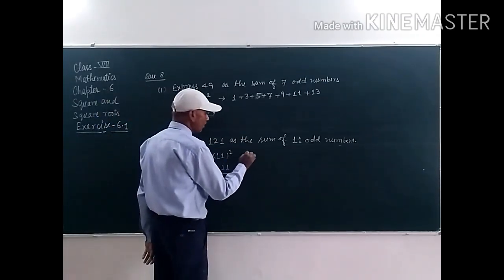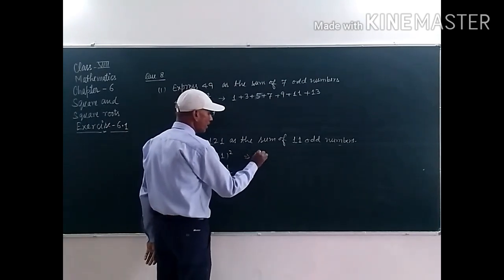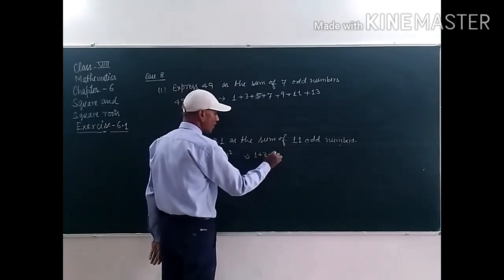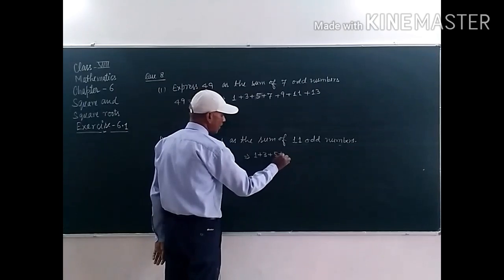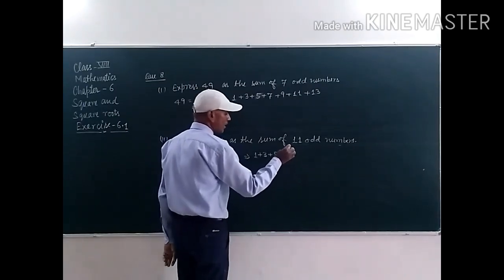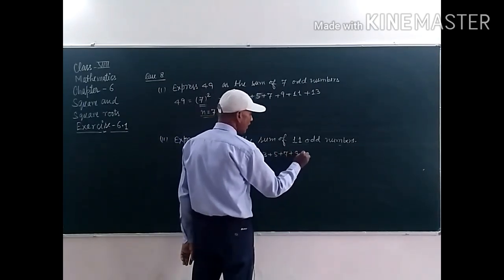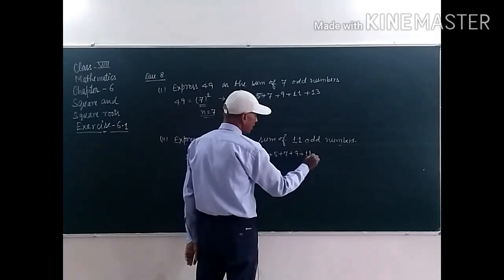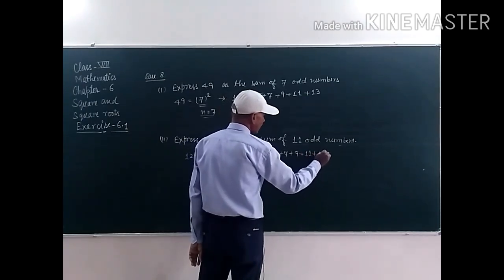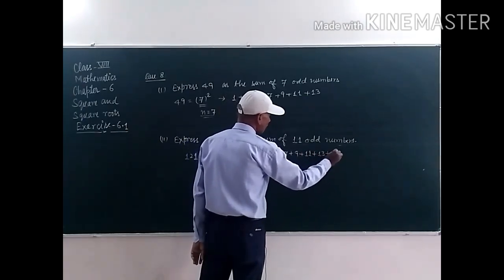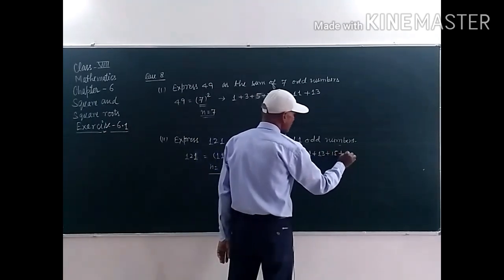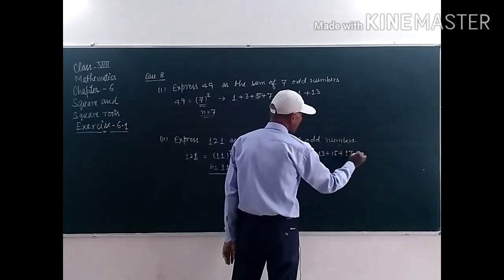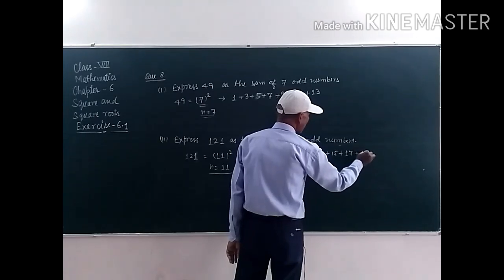So this one will be, student, 1 plus 3 plus 5 plus 7 plus 9 plus 11 plus 13 plus 15 plus 17 plus 19.